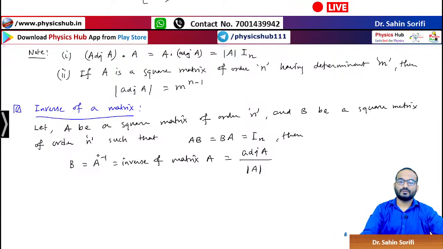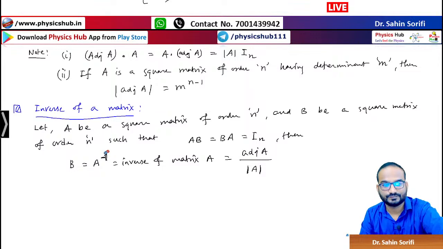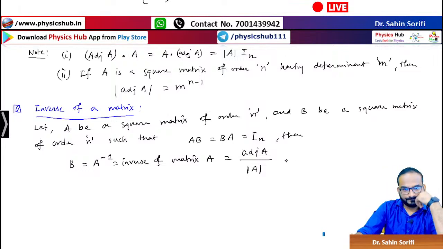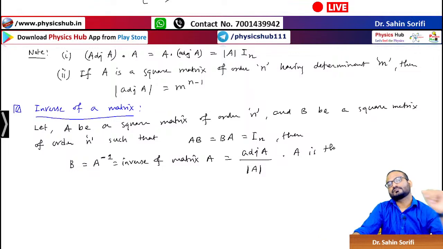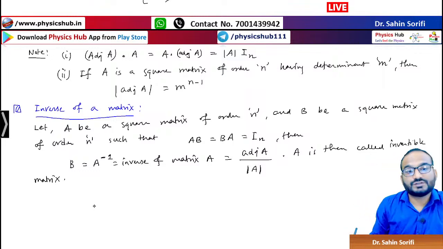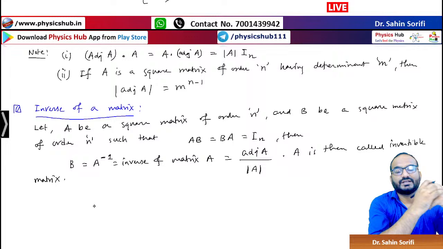That is why for the inverse to exist, the matrix should be non-singular, having non-zero determinant. A is then called an invertible matrix. So you cannot find the inverse of all matrices. It should be non-singular to get an inverse.